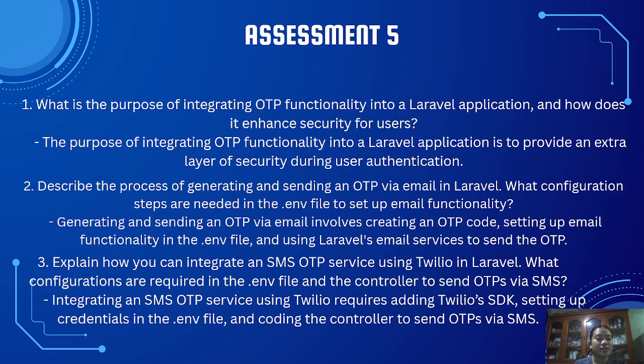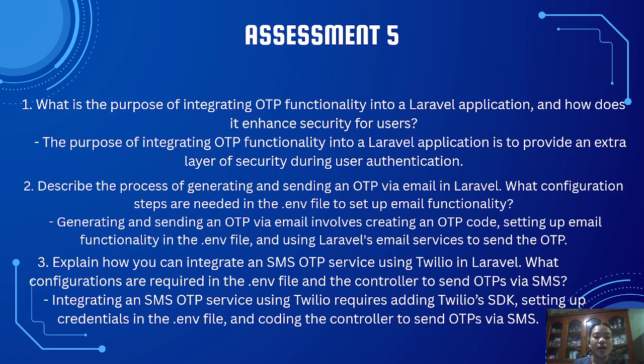Number 2, describe the process of generating and sending an OTP via email in Laravel. What configuration steps are needed in the .env file to set up email functionality? Generating and sending an OTP via email involves creating an OTP code, setting up email configuration in the .env file, and using Laravel's email service to send the OTP.